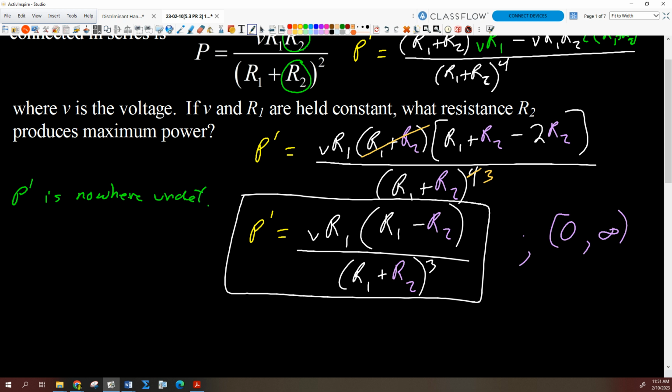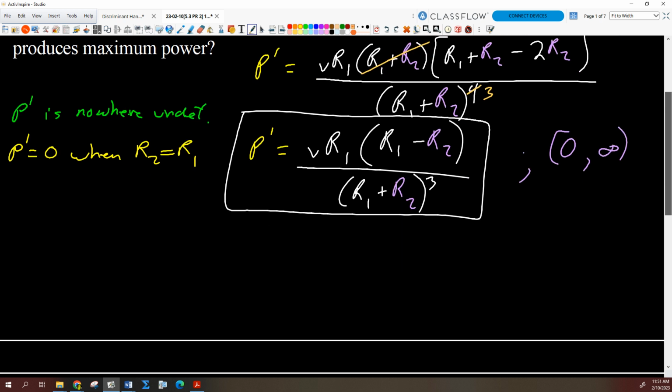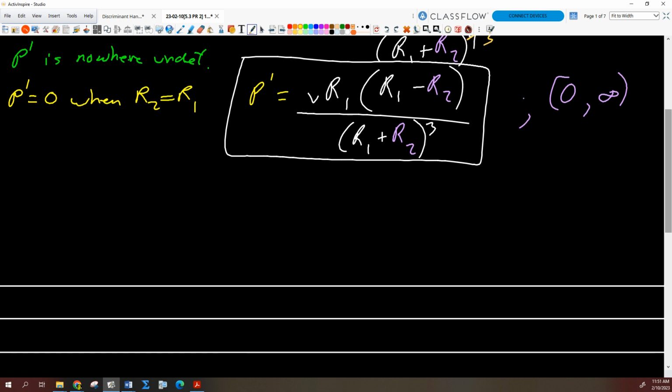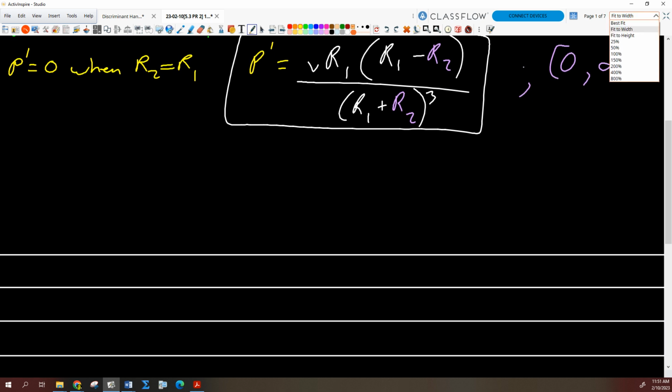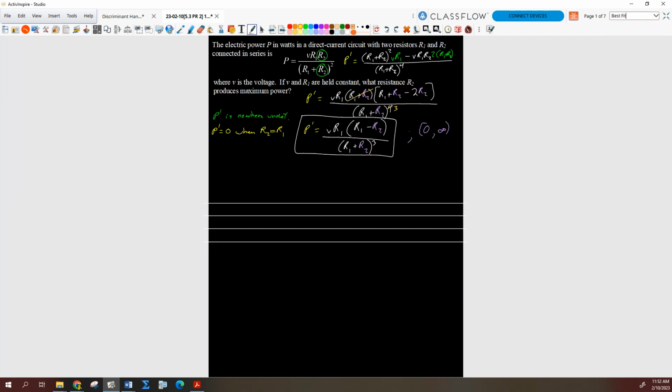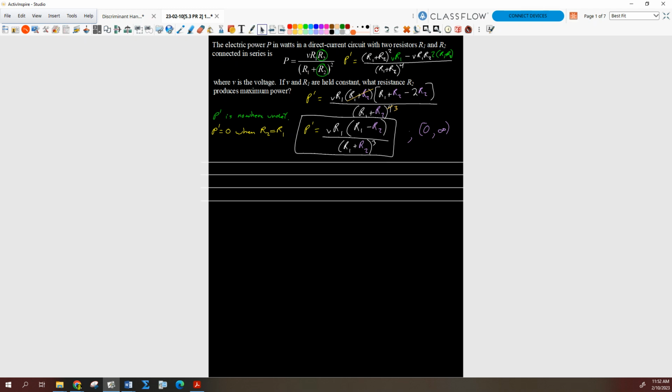Okay, where is it equal to 0? Okay. P prime equals 0 when R2 equals R1, right? Okay, makes sense? Well, because look, the top's going to go to 0, okay? And so what's happening with our table then? Let's scoot this guy up here.